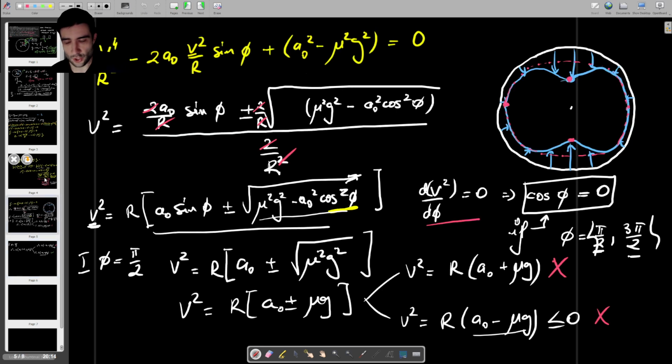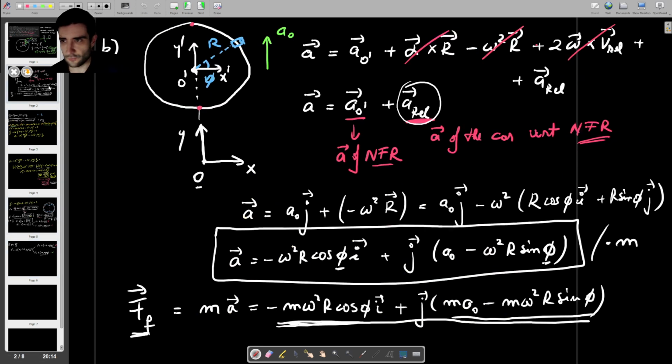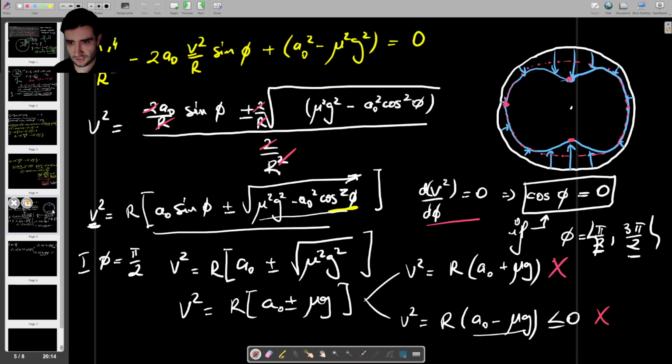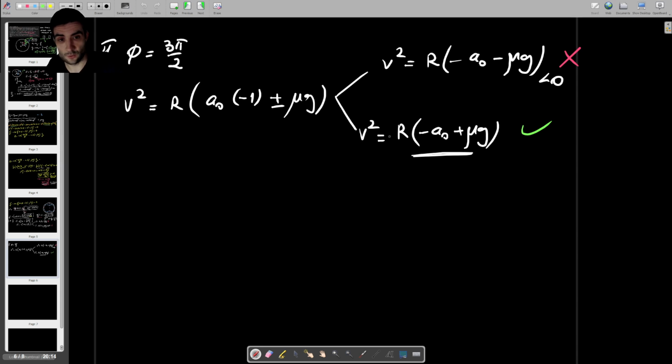So first of all, we put the condition for friction to be maximum, so we wanted the velocity to be as high as possible, but then we noticed that the velocities are dependent on the angle, so we wanted to choose a velocity that works at all angles, because the velocity of the car in the non-inertial frame of reference has to be constant, and it has to be equal therefore to this value because all the others don't work.